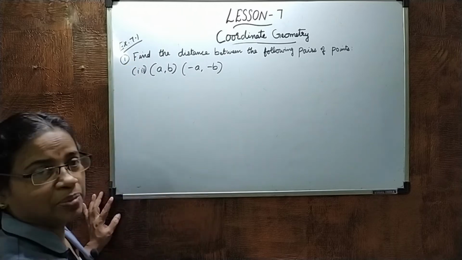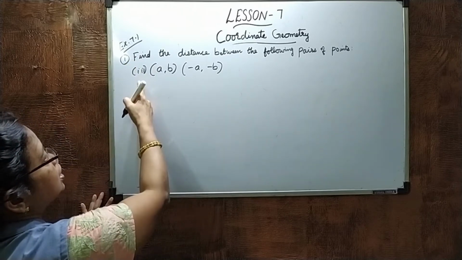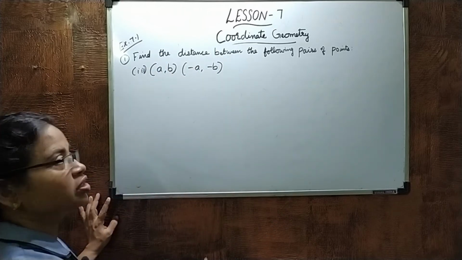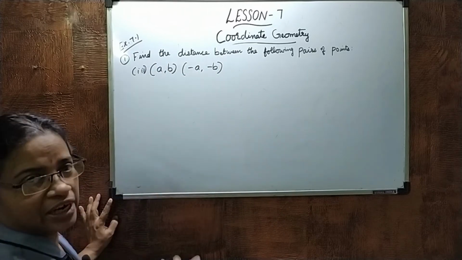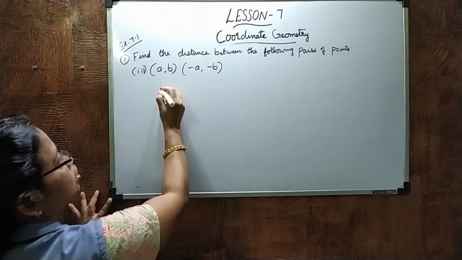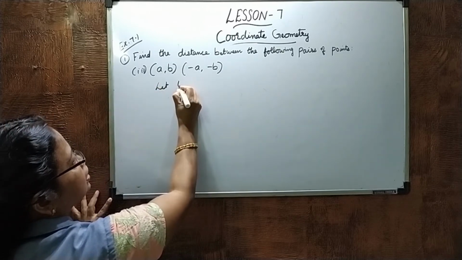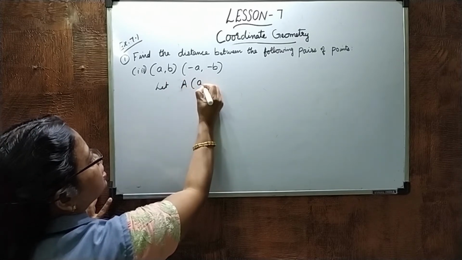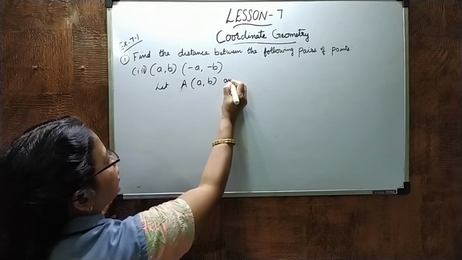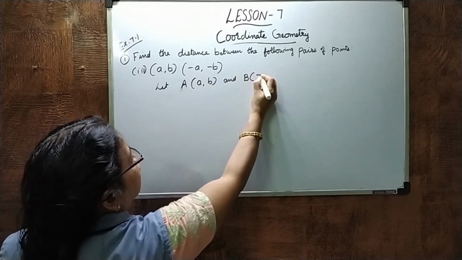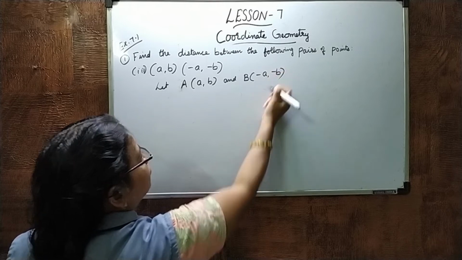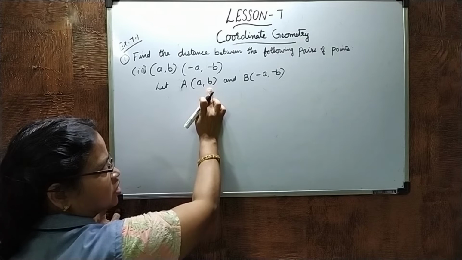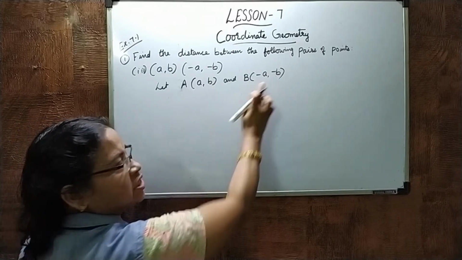This is from exercise number 7.1, first question, third problem. You have to find the distance between the following pairs of points. So these are the 2 points I have given you. What you should do is let the coordinates be A, B and negative A, negative B. You have to imagine that this one is x1, this one is y1, this one is x2, this is y2.